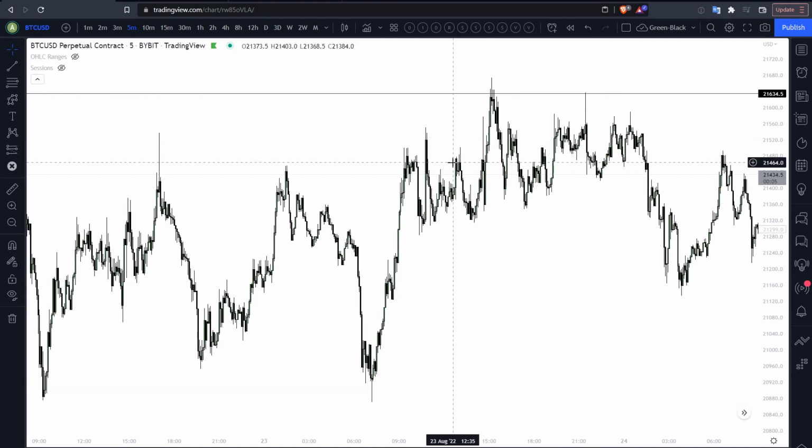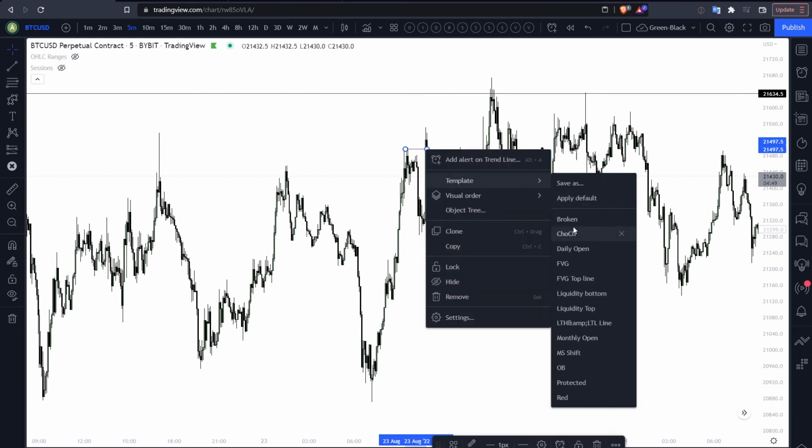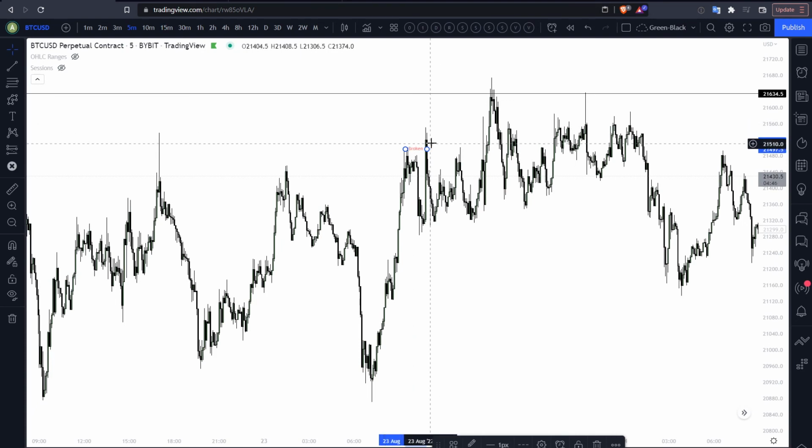Now what happened here? We came up, we formed a high, came down, we formed a low, came up, formed a higher high, at which point half of the equation is complete. This high was broken, but here below this low was still not taken out.